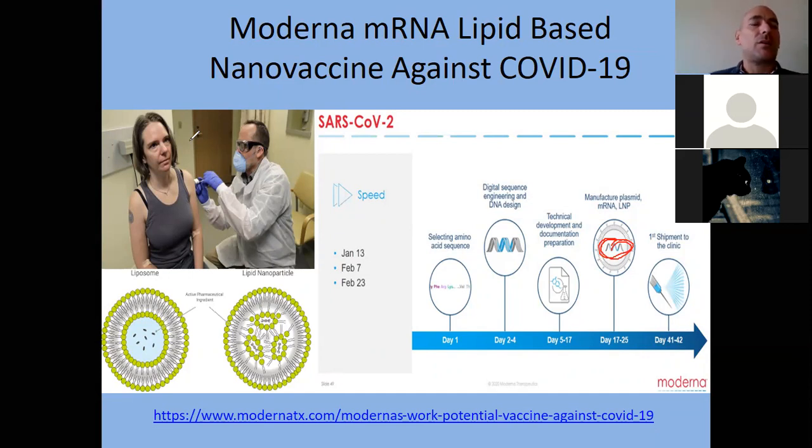Quantum dots and gold nanoparticles can be a little bit more expensive. Now, if you enter into the vaccine production, it's also quite expensive.